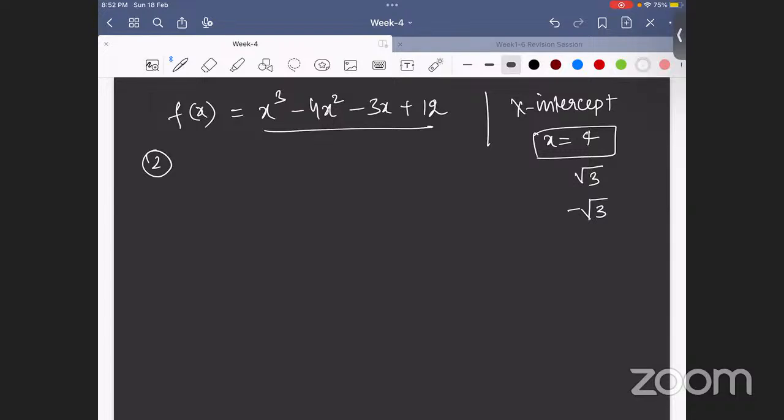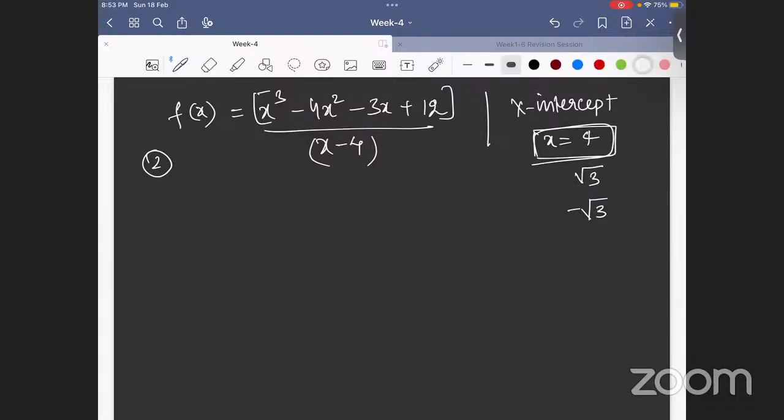You have the basic formula, and with the factorization method also you can calculate it. So, let's say somebody says x equals 4. If he is able to find one factor, he can just divide by x minus 4. And after dividing this whole polynomial of degree 3, you will be getting a quadratic equation.